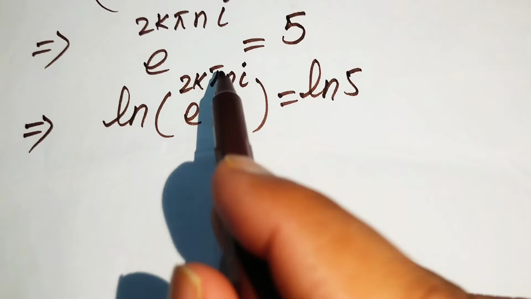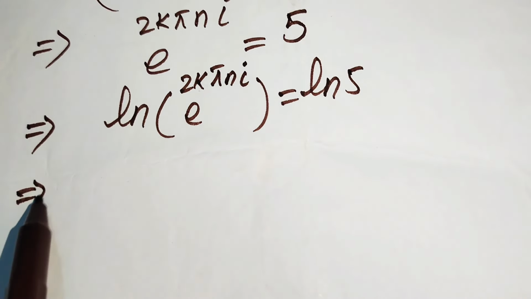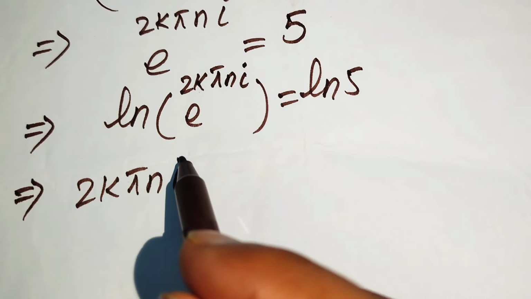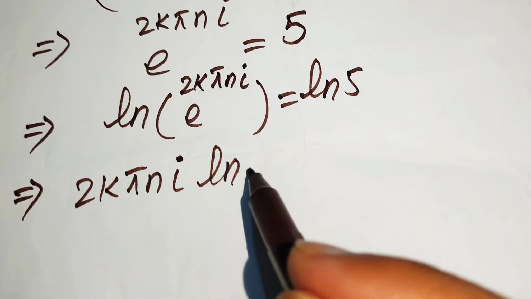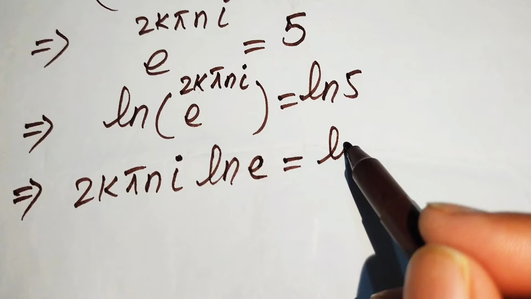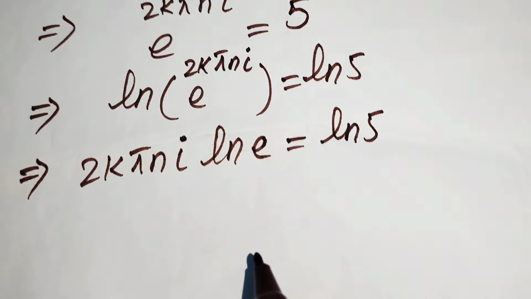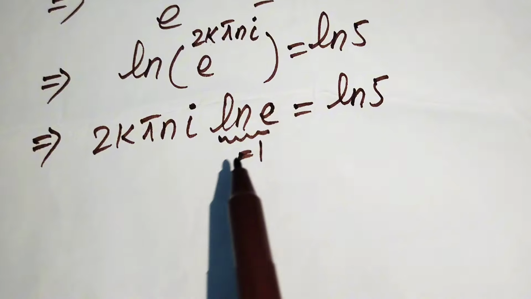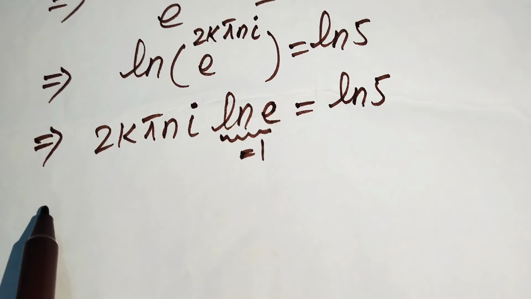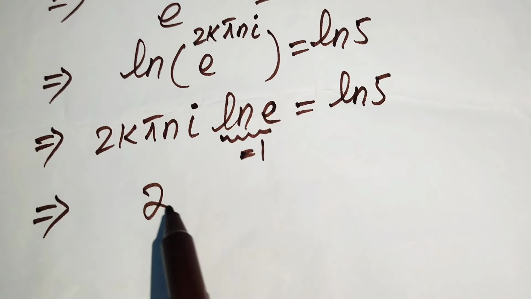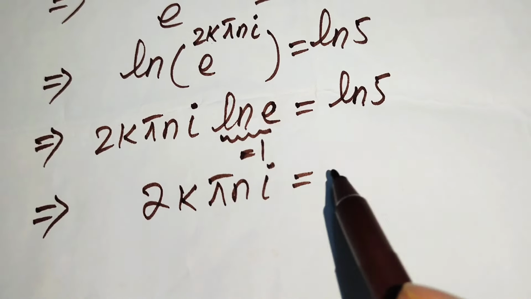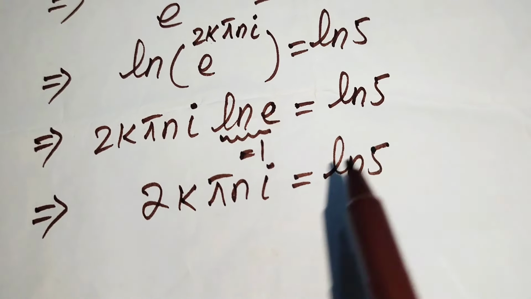Now we move this exponent to the front of the log and it will be written as 2k pi n iota into log of e is equal to log of 5. Here we know that the value of log e is equal to 1. So 1 is multiplied by this whole term and it remains the same, and we write 2k pi n iota is equal to log of 5.